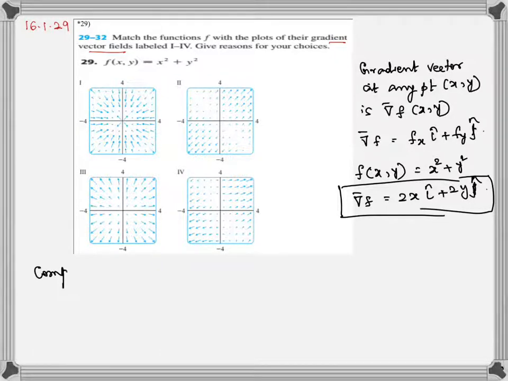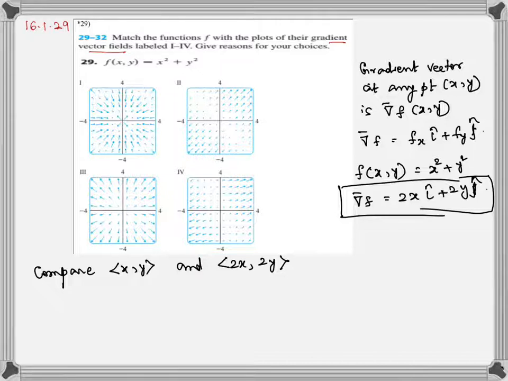By looking at this, we can compare the vector x, y, which is a position vector at the point x, y, with the gradient vector 2x, 2y at the point x, y. We notice that the direction of 2x, 2y is the same as the position vector at the point x, y, but the length will be twice the length of the position vector.